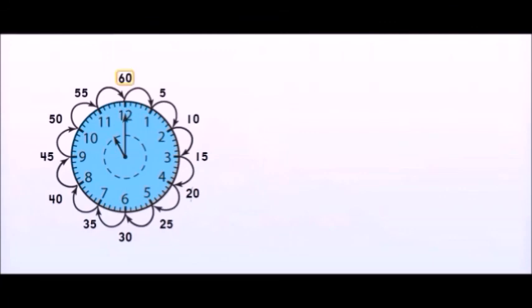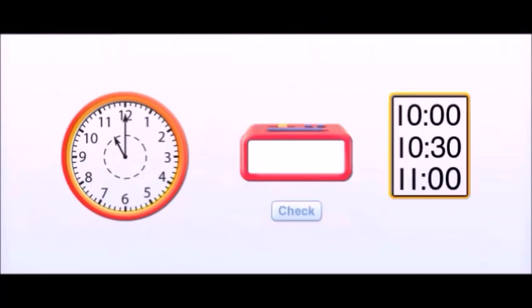So there are 60 minutes in one full hour. What time does this clock show? The hour hand points to the 11 and the minute hand points to the 12. So it's 11 o'clock.